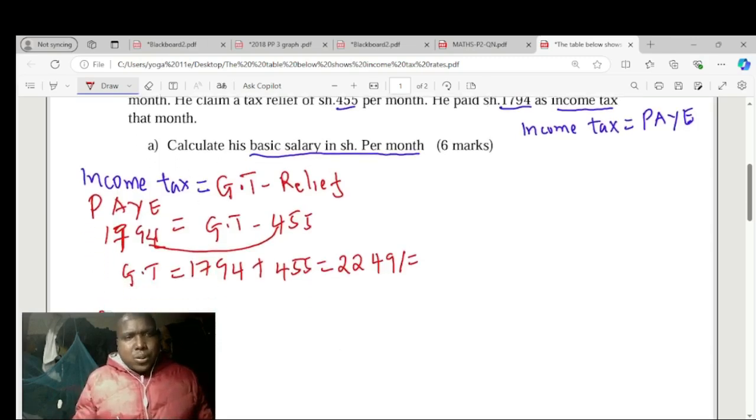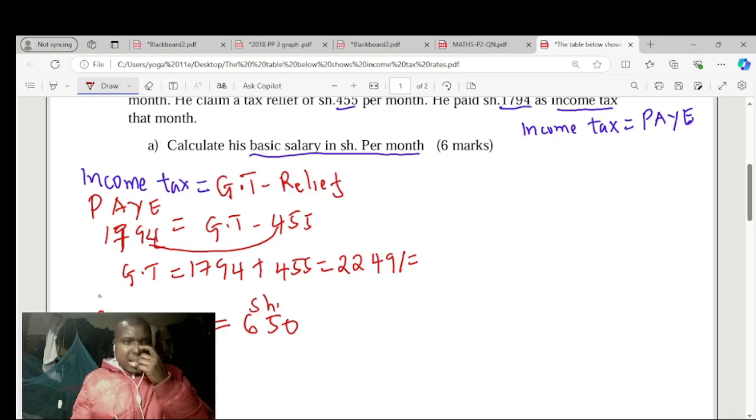So 325 times 2 will be equal to 650. And this one is in Kenya shillings, and this is taxable income.